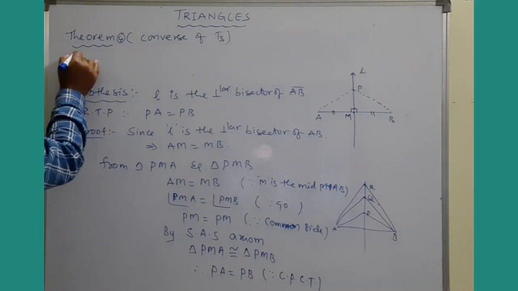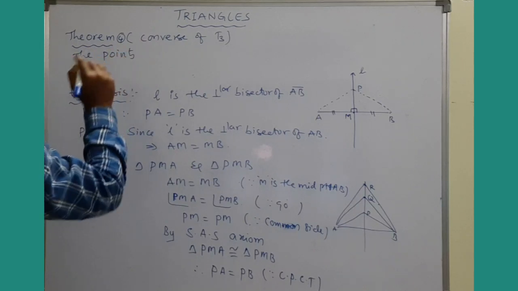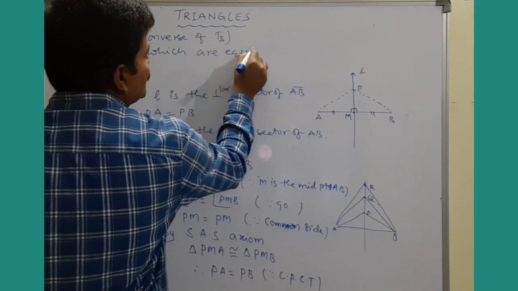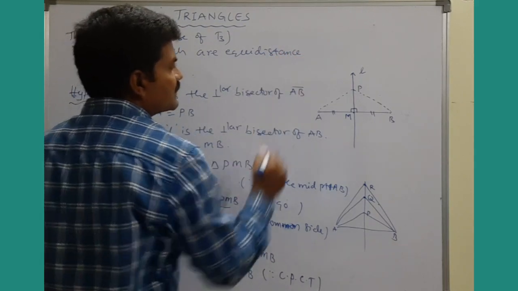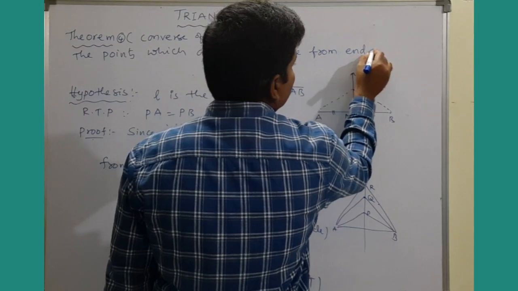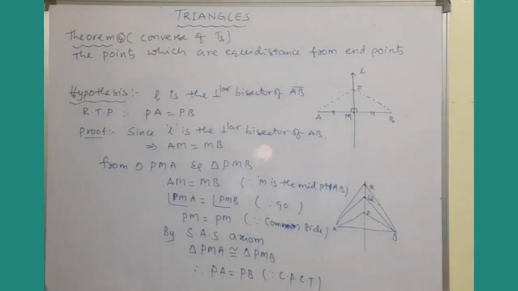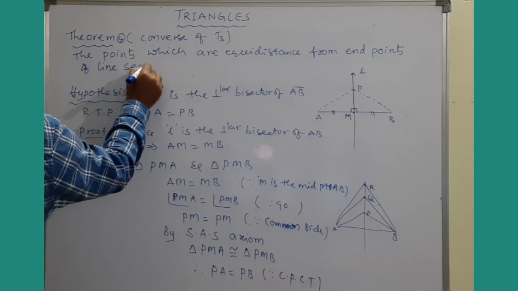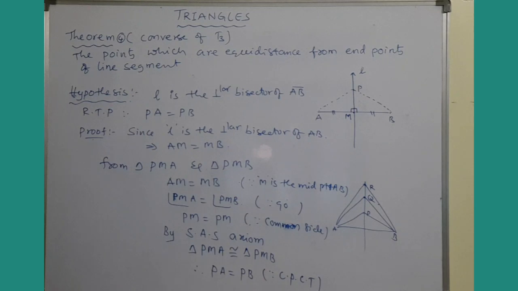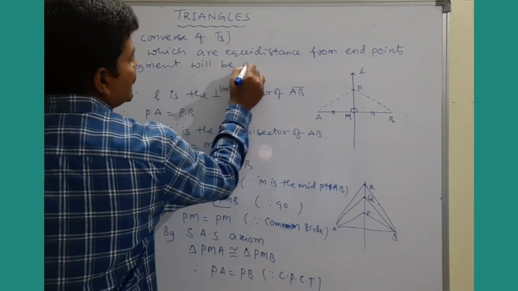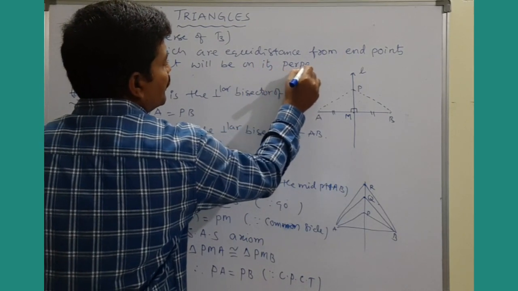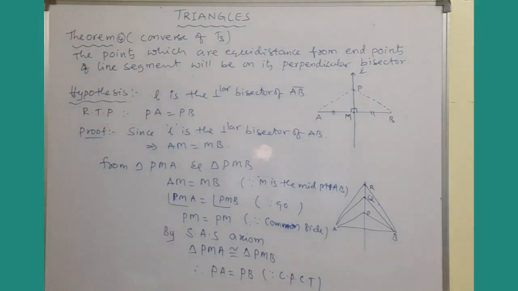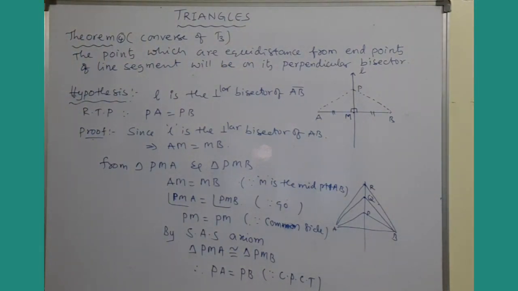And look at the statement: the points which are equidistant from endpoints of line segment will be on its perpendicular bisector.